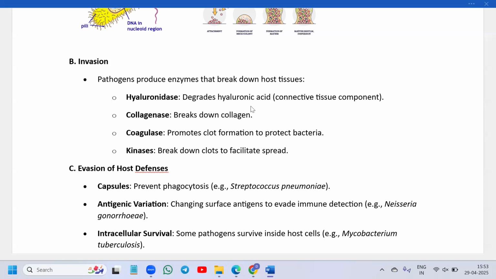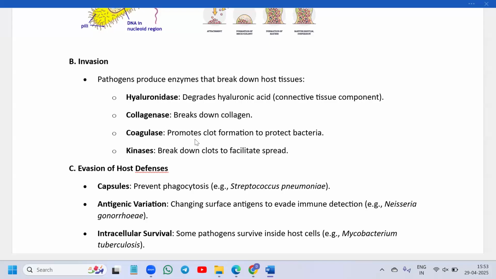The cells become loosened. The tissue will become loose and give way, so there will be cracks, giving way for the pathogens to enter. Then collagenase breaks down collagen. Collagen gives strength to any structure, so if that strength is broken down with the help of the enzyme collagenase, the pathogen is going to enter into your tissues.